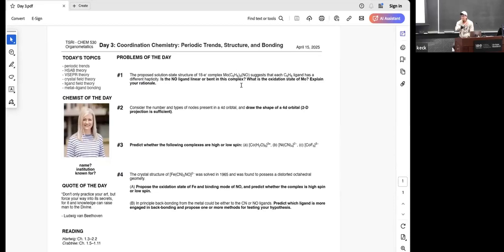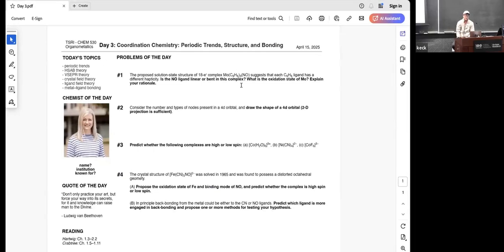But as a first approximation, if you're not given more information, you can assume it's linear, because most NO ligands that you encounter in the free world will indeed be linear. And if you want to know more than that, there's a review article that I had that provides you more of a framework for thinking that through.